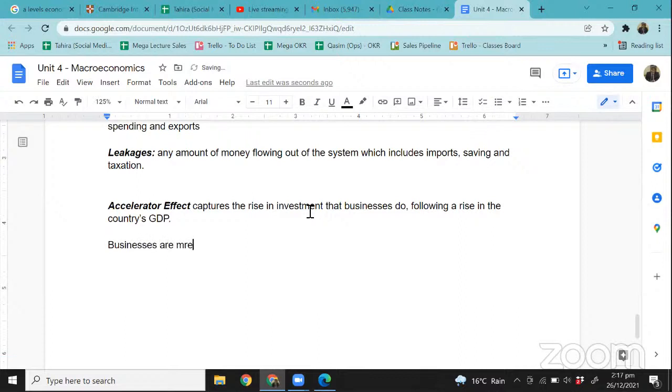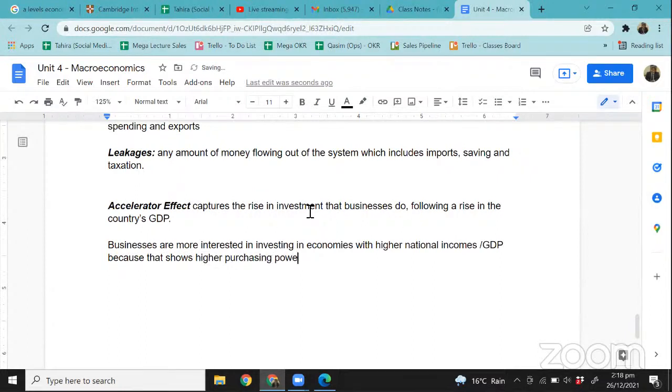Businesses are more interested in investing where a higher national GDP shows higher purchasing power, and therefore allows businesses.